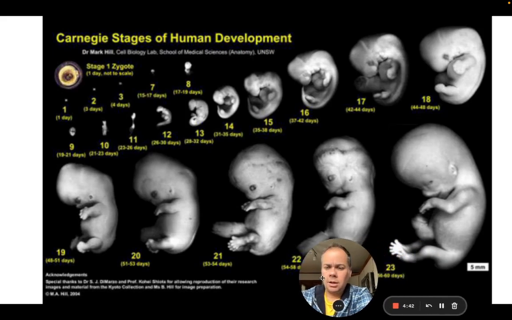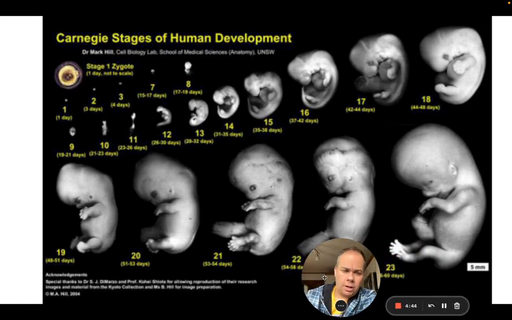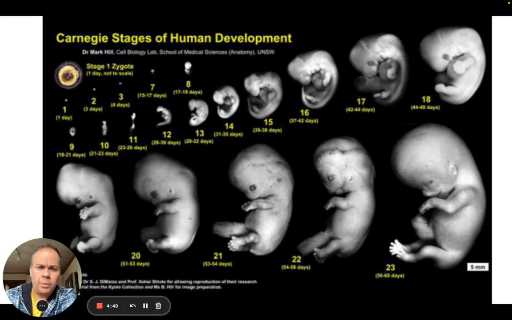We can see here, you'll be doing activities studying the different stages of development. These are the embryonic stages of development, from a single cell growing into the later stages through mitosis and differentiation.